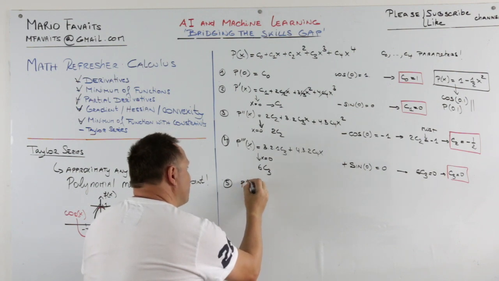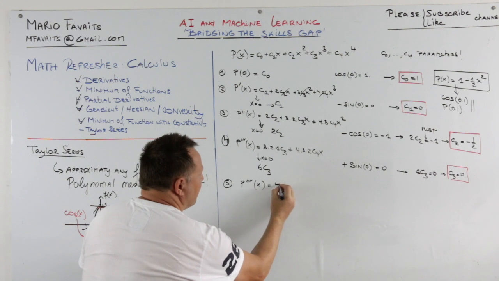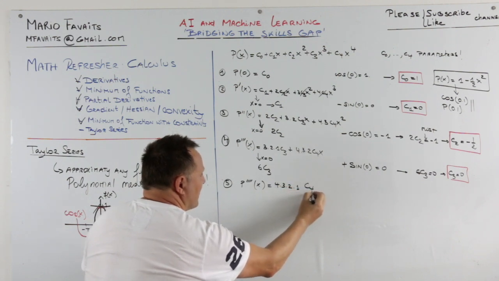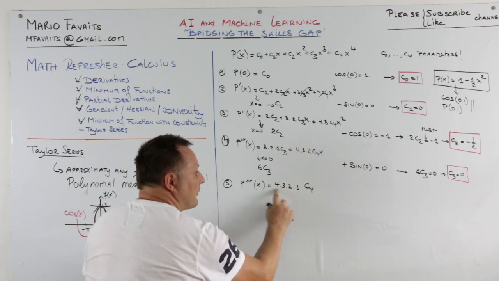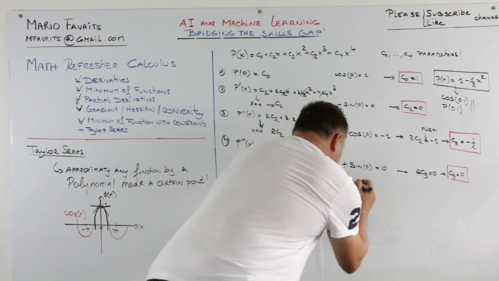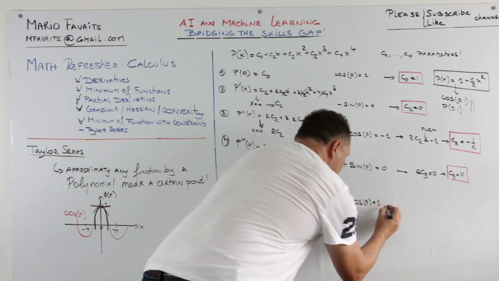Now let's take the fourth derivative. So p with 4 primes of x equals 4 times 3 times 2 times 1 C4. And I'll show you in a minute why I write this like this. The derivative of the sine is the cosine, at 0 equals 1.